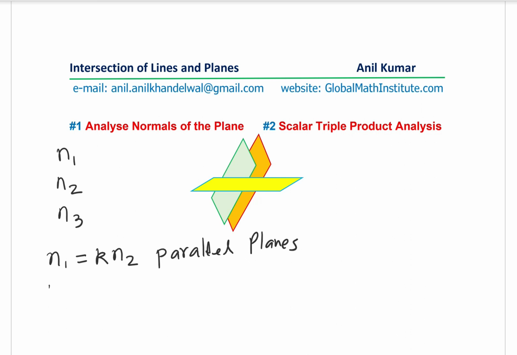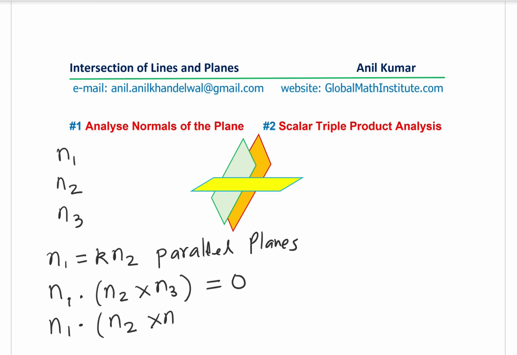The second thing is the scalar triple product, n1 dot n2 cross n3, which is either equal to 0 or not equal to 0. So there could be two conditions, right? So if it is equal to 0, in that case, what happens?